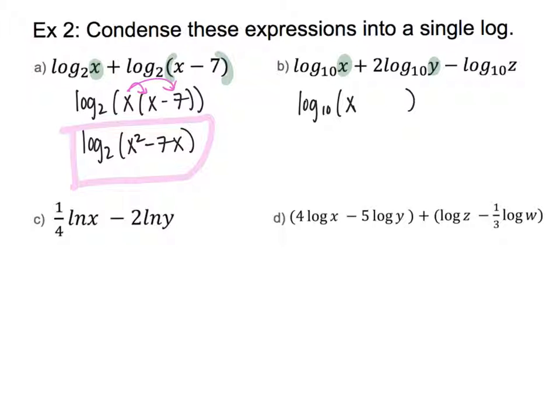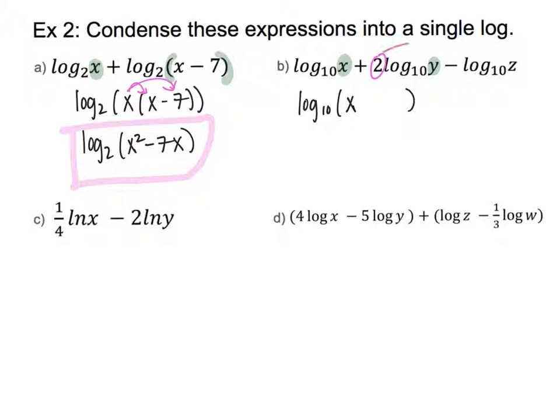But with the second one here, I notice there's a 2 in front of this log. So if you remember previously, I said that the number outside the log represents the exponent. So if I pull this 2 back inside the log, this actually makes this y to the second power, or y squared.